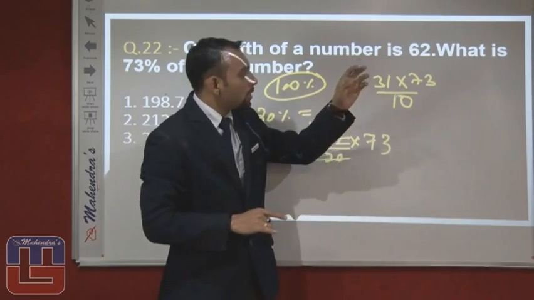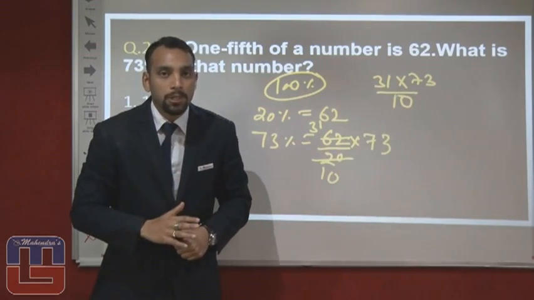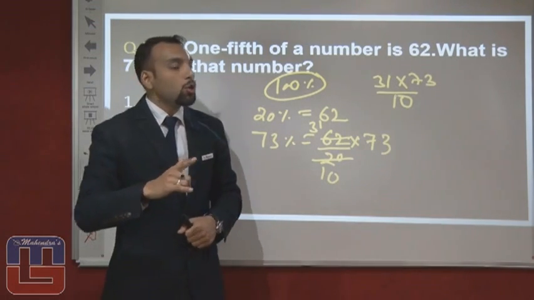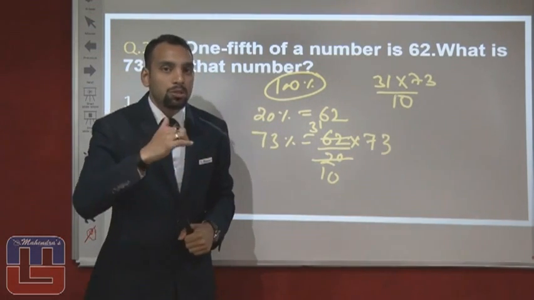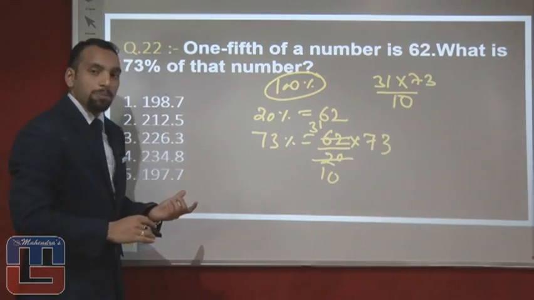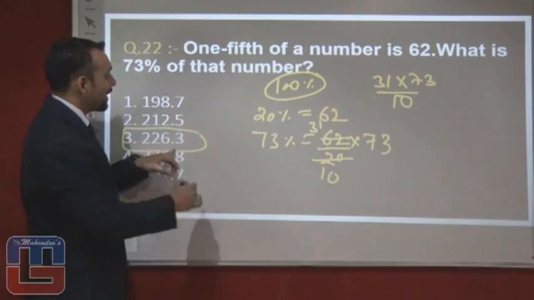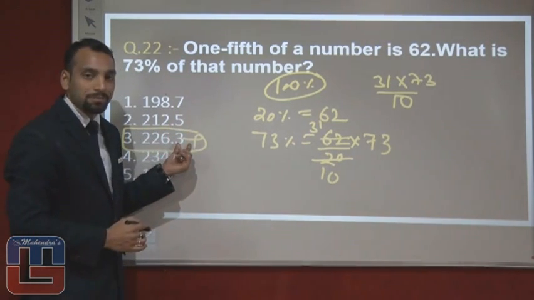But now see, for 31 into 73, there is no need of multiplication. Why? Because we will solve this question by using the options. Now see the options. There is only one option which has the last digit 3.